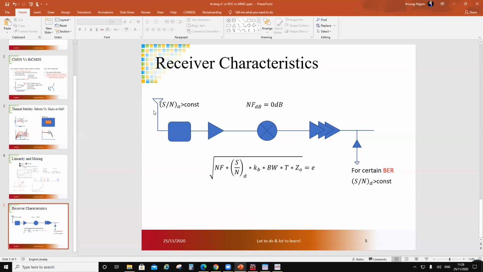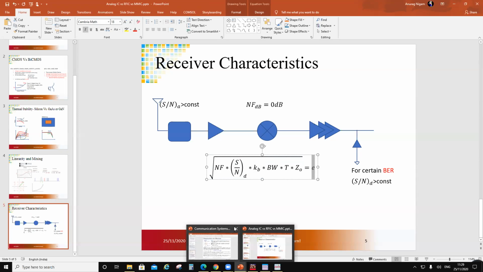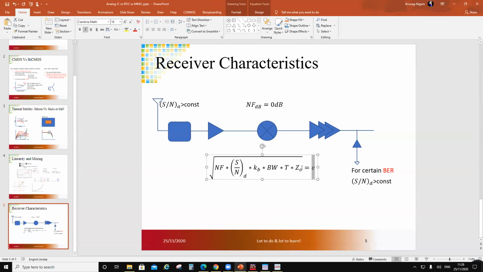Okay, so now the design is very simple. You know that you need a certain bit error rate, and now you have to construct this chain for a given sensitivity. So basically what is given to you here, you know that this is 50, this is ambient temperature, this is the system bandwidth, the Boltzmann constant is constant, and this is already selected for a given bit error rate.